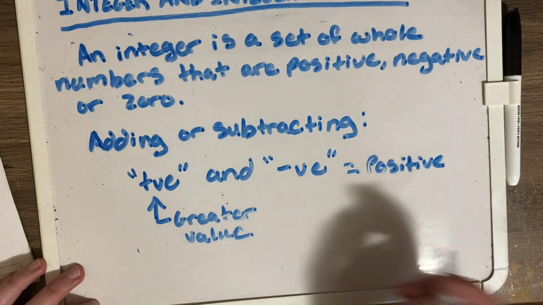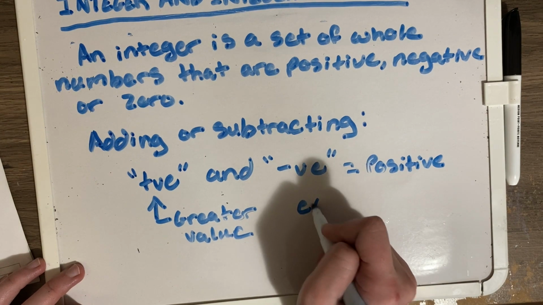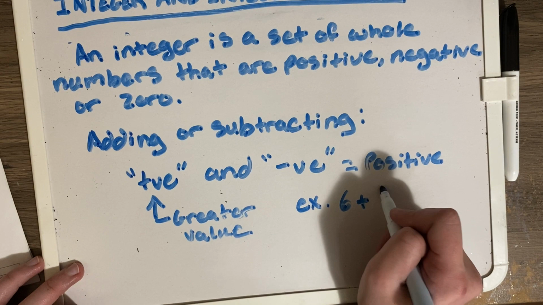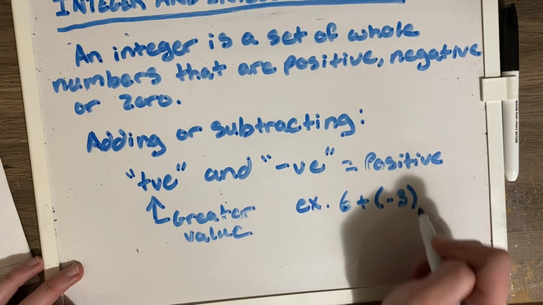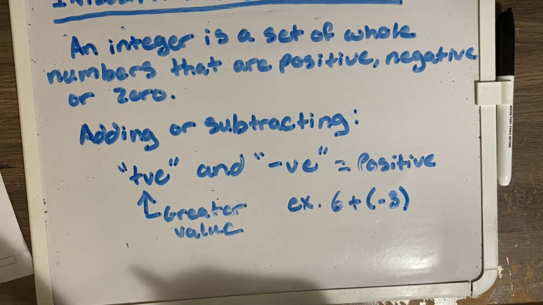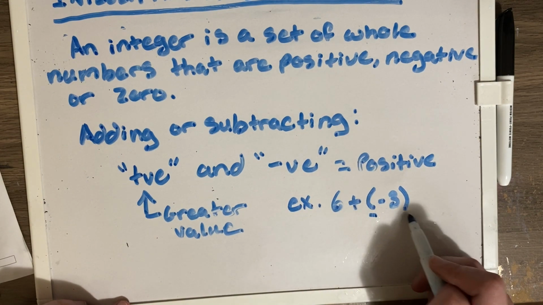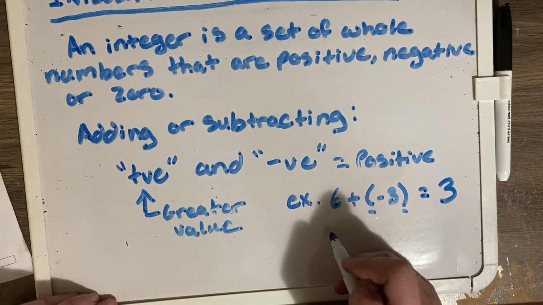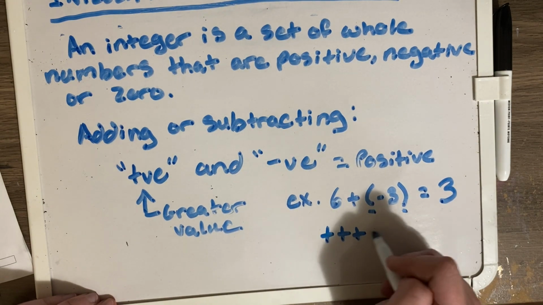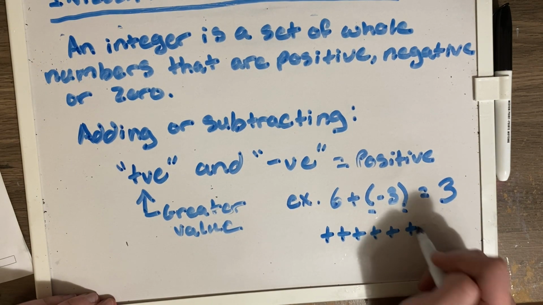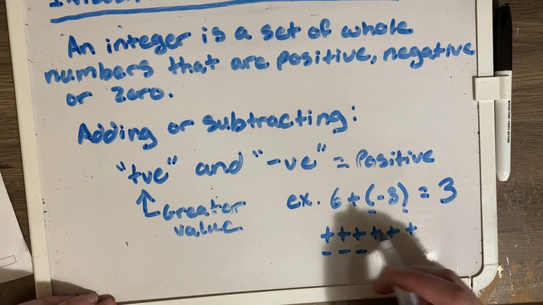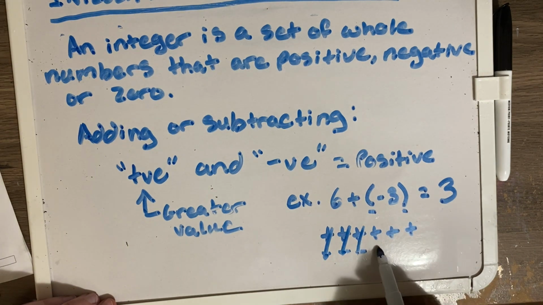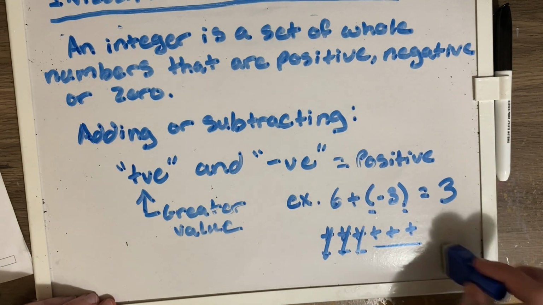If I have, let's say, positive 6 plus negative 3, a positive and a negative sign can never be right beside each other in an equation, so we have to separate them with brackets. The answer is going to be positive 3, because if we have 6 positives and 3 negatives, these are going to cross each other out, and we're left with positive 3.